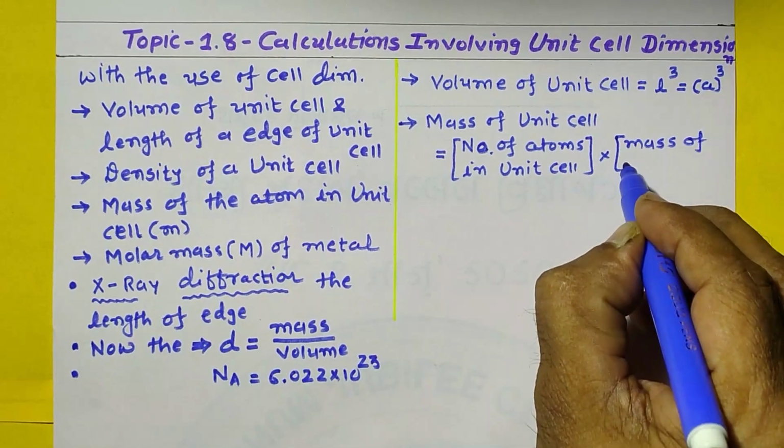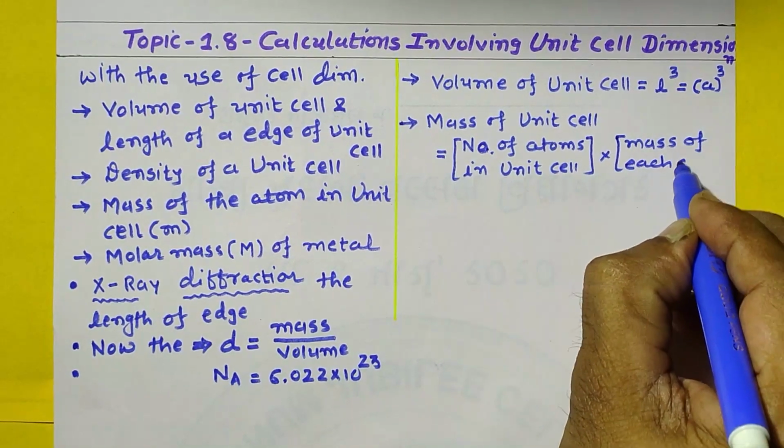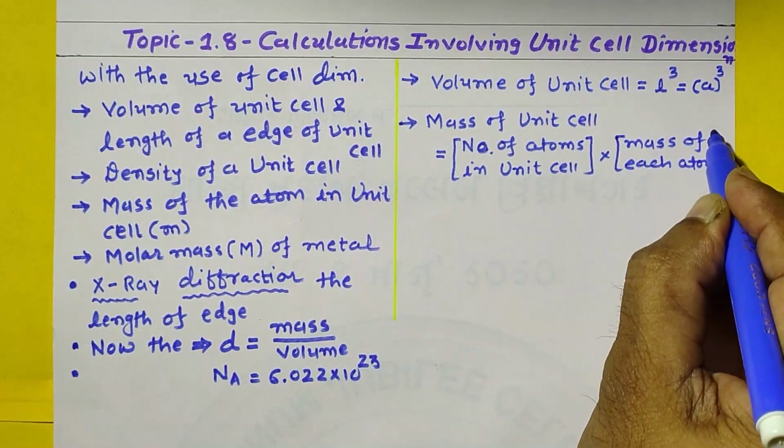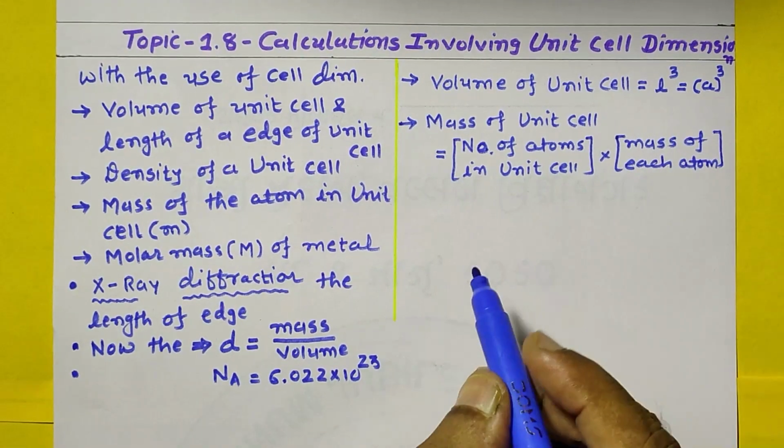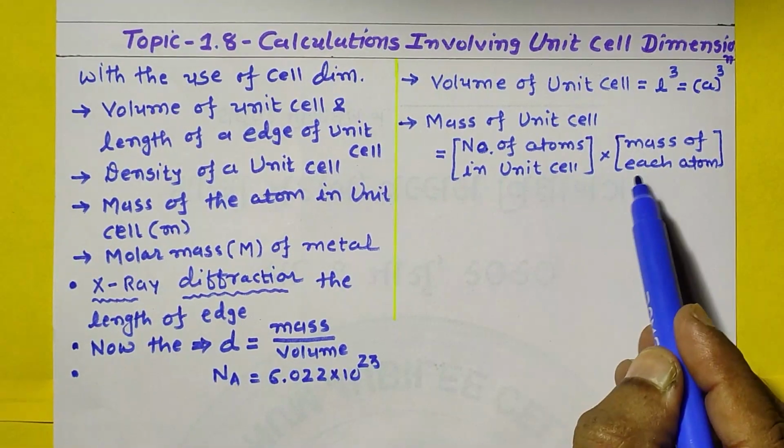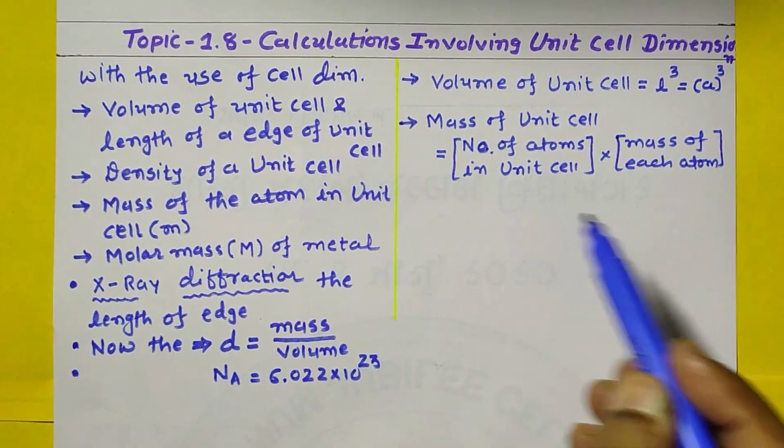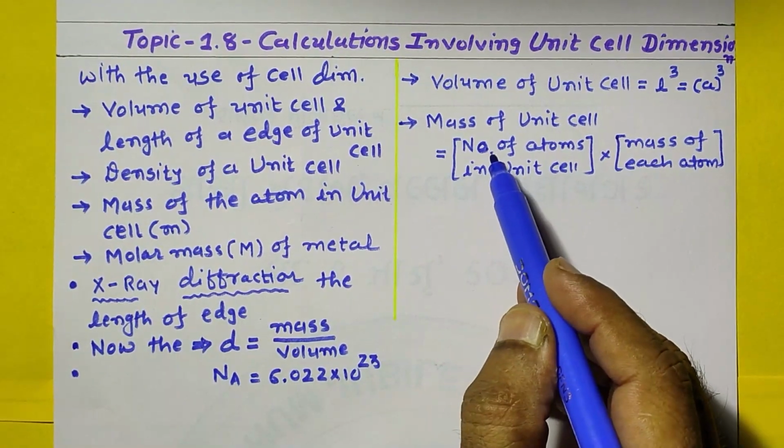If the multiplication of number of atoms in unit cell and the mass of each atom is done, we will get the mass of unit cell.